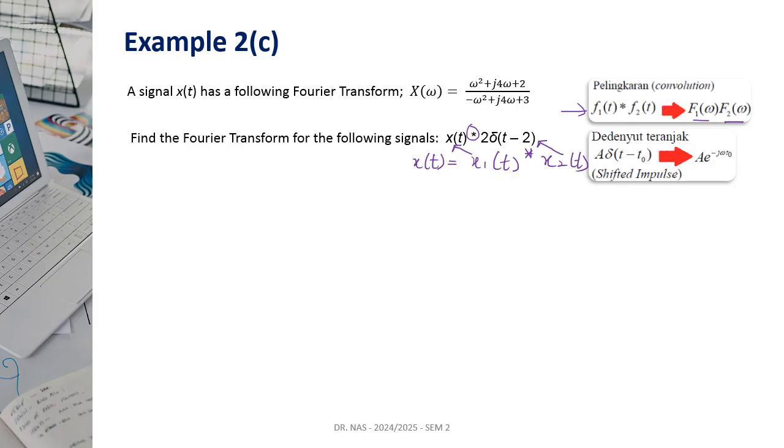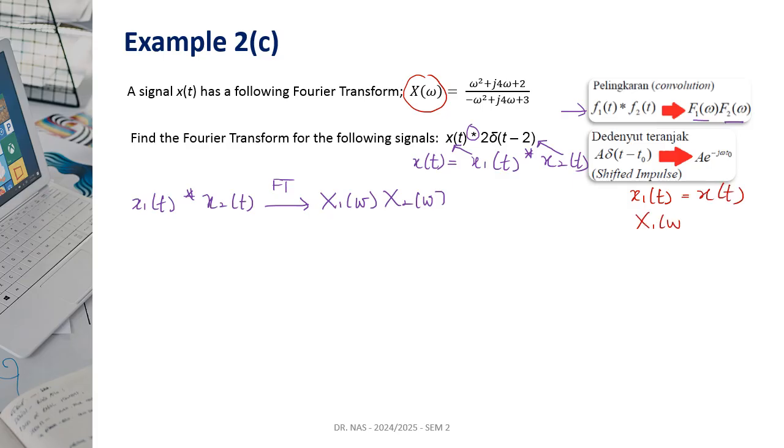In this case, we know that x1(t) convolved with x2(t) will produce a Fourier transform of X1(omega) multiplied by X2(omega). What is your X1(omega)? X1(omega) equals X(omega), because x1(t) equals x(t).